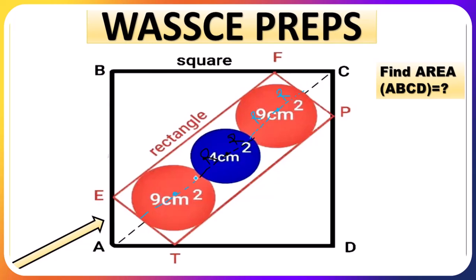So for the first diameter we have 6 on square root of pi, for the second diameter we have 4 on square root of pi, and for the third diameter we have 6 on square root of pi.